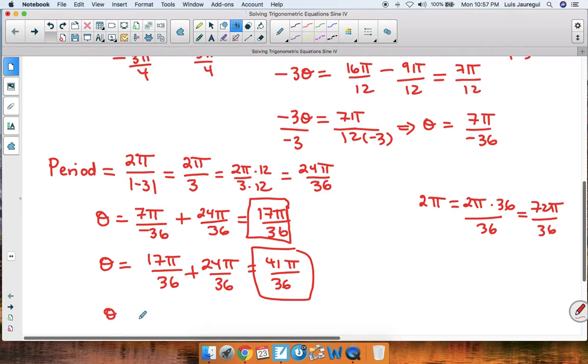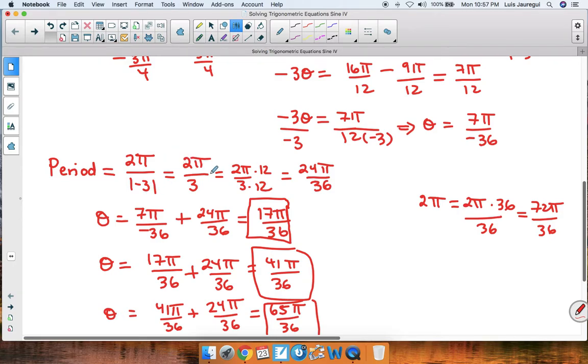So for the other angle theta, we're going to take the 41 pi over 36, and add the period of 2 pi over 3, which is the same as 24 pi over 36. Notice that 41 plus 24 gives you 65 pi over 36. So that's another angle here.